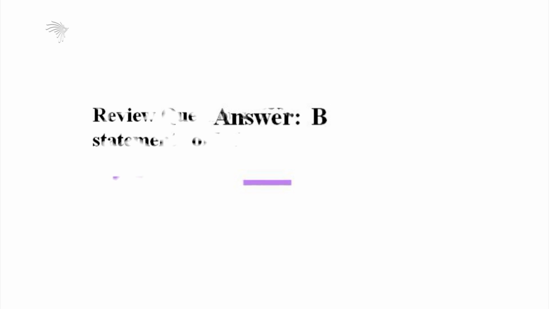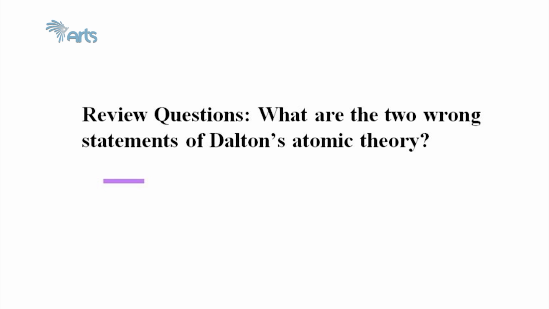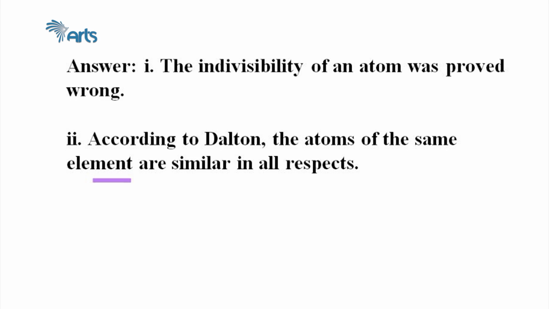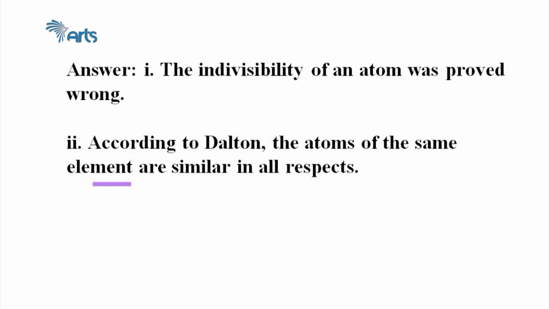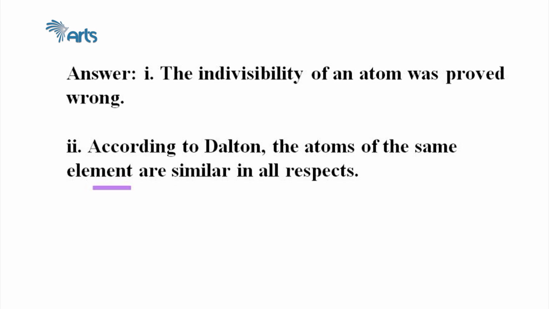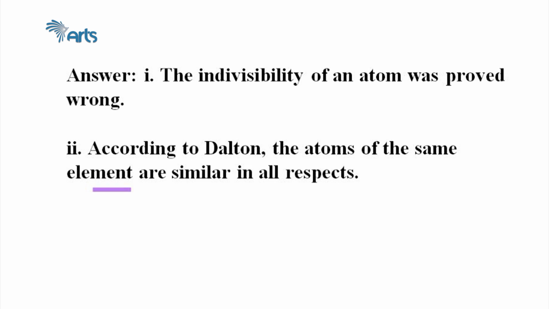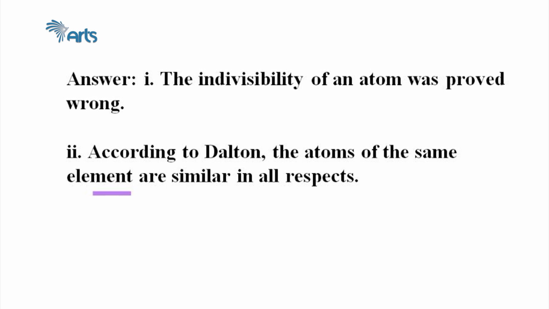Last question. What are the two wrong statements of Dalton's atomic theory? One, the indivisibility of an atom was proved wrong, because Dalton did not know that atoms could further be divided into teeny tiny things called subatomic particles.